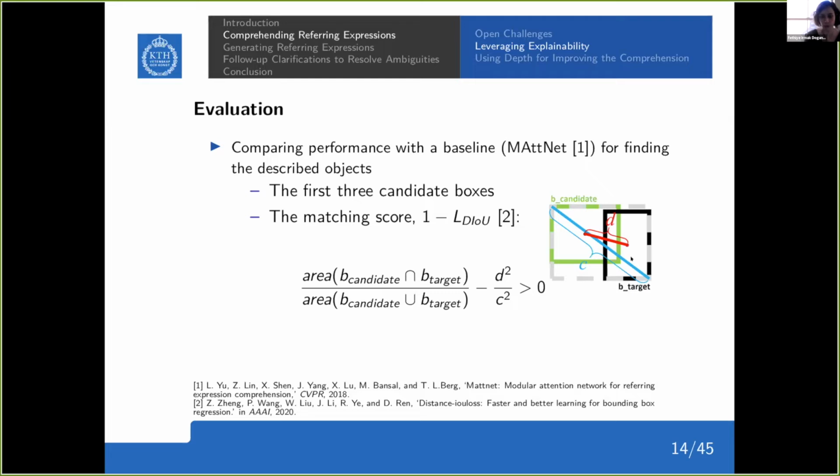We used one scoring metric from the literature, which ensures the maximum intersection between 2 bounding boxes and aims to minimize the distance between centers of mass. Lastly, we evaluated the proposed regions of our method for asking for clarification and resolving ambiguities.